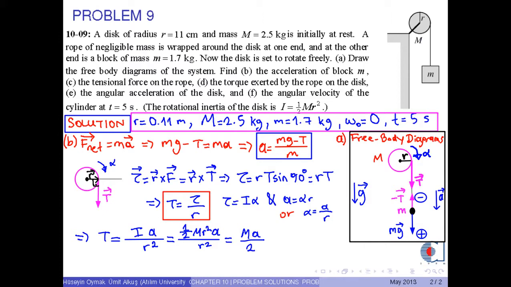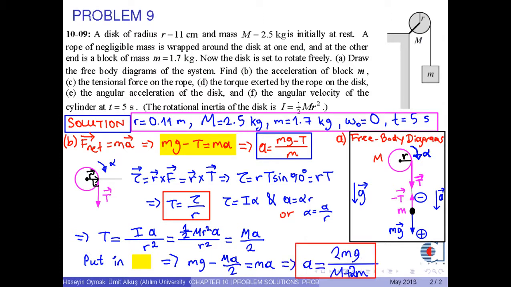Then we obtain the tension as capital M times a over 2. If you put this expression into the equation of motion for small m, we obtain m times g minus capital M times a over 2 equals m times a. Therefore, we obtain an expression for a.